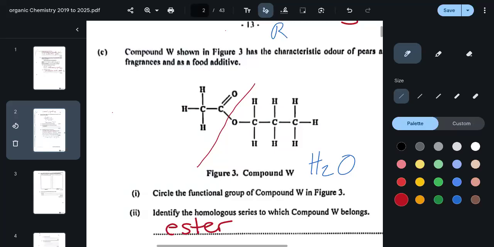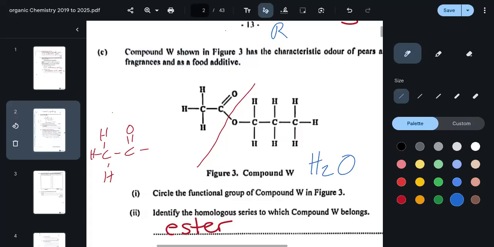So C, C, double bond O, dash, all right? So remember, this portion is the acid. So what do we need to make this a carboxylic acid? What is missing? OH. Exactly, OH.